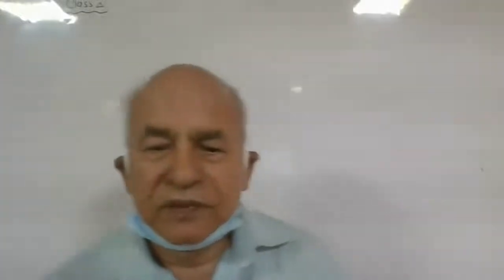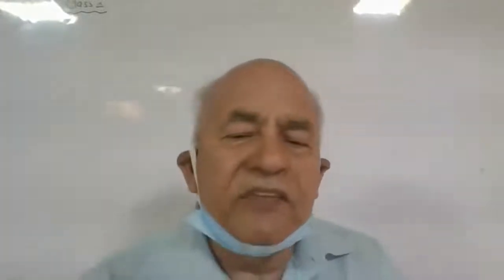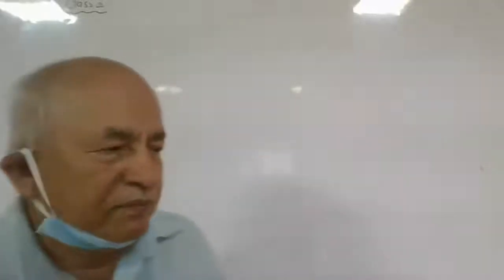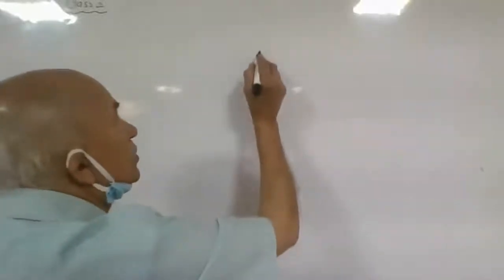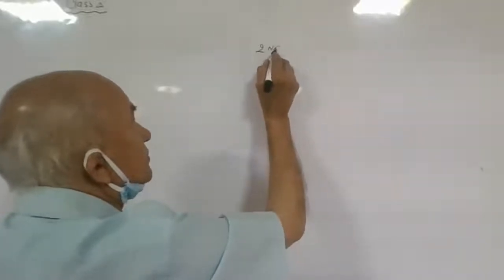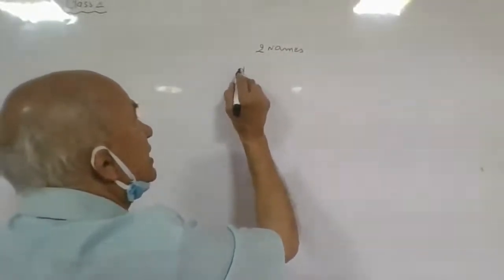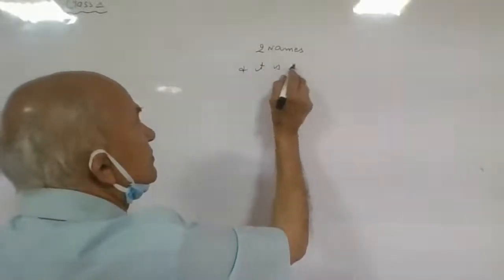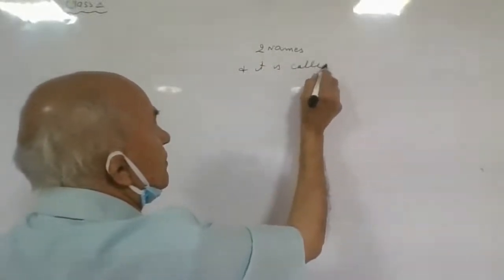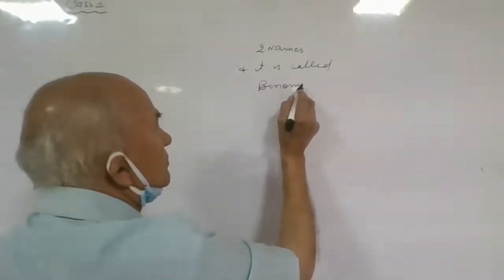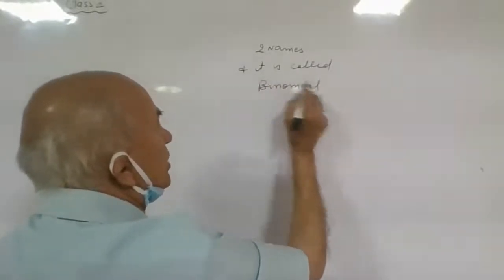Now the scientific names, each scientific name consists of two names. And it is called binomial nomenclature.